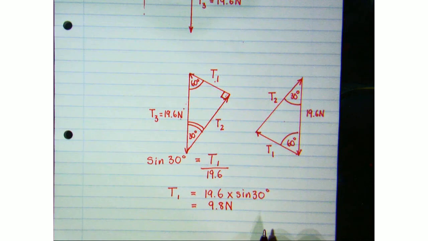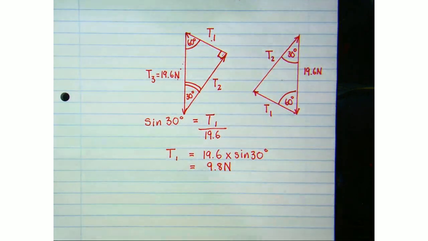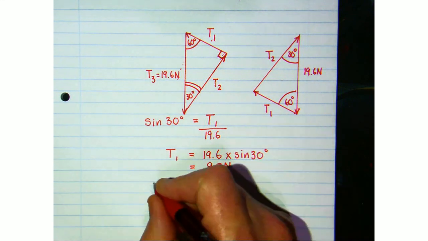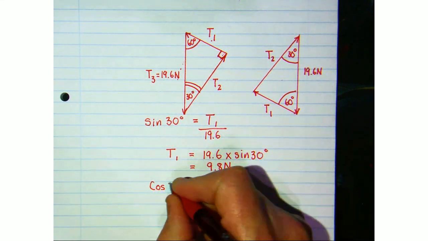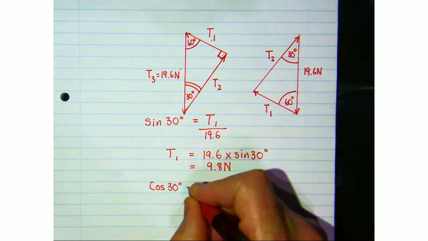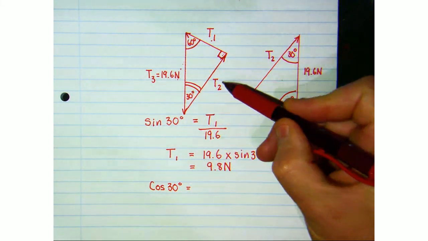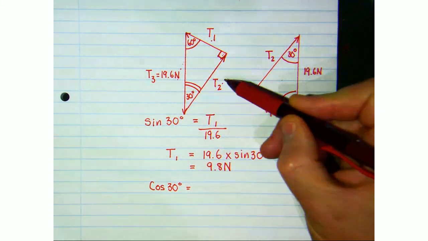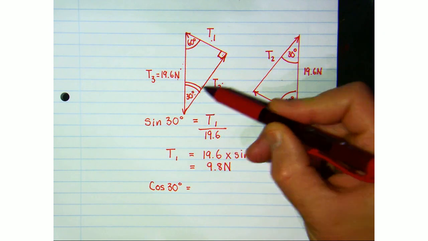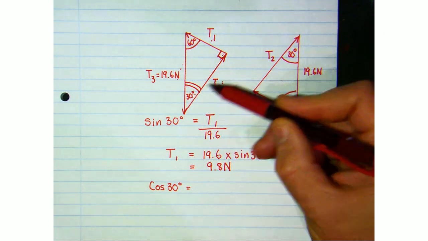To find T2, we could just use another trig ratio. In fact, we could just use cos of 30, because the adjacent side to the 30-degree angle is T2. So cos is adjacent over hypotenuse.